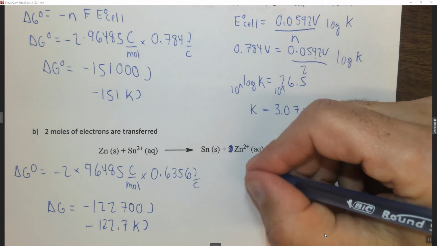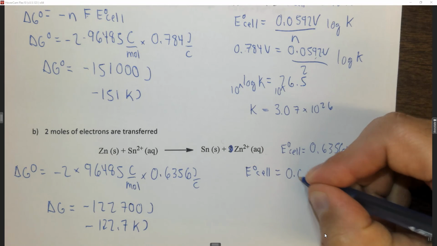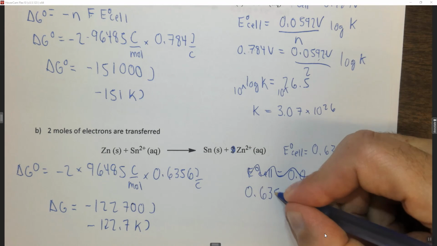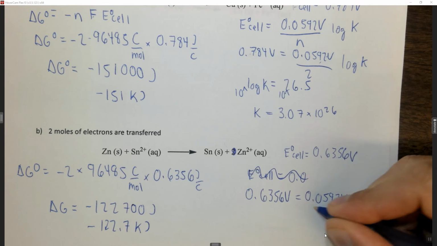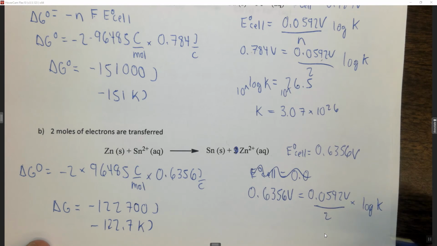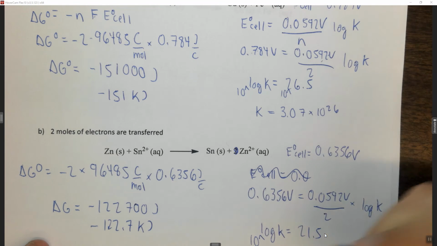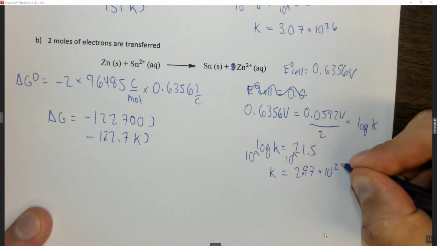We then need to do this one over here. The Ecell here is 0.6356 volts equals 0.0592 volts over N, again 2 moles of electrons are transferred, times the log of K. Again, divide these and then divide that answer into this one, and we get the log of K is equal to 21.5. 10 to the log gets rid of the log. 10 to the 21.5 gives us that K is equal to 2.97 times 10 to the 21.